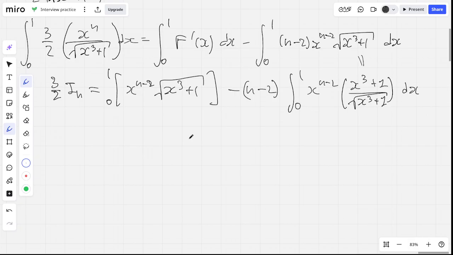So if I rewrite this, I'm going to evaluate this quickly. So this is 1 over 2 minus 0.